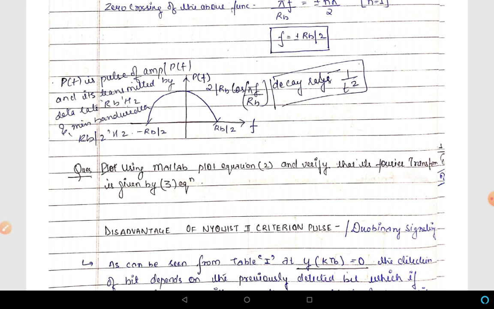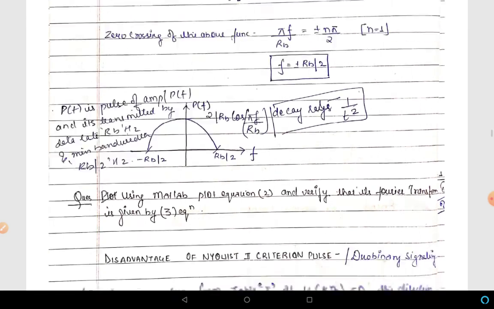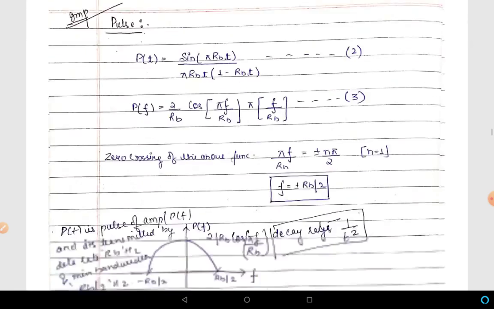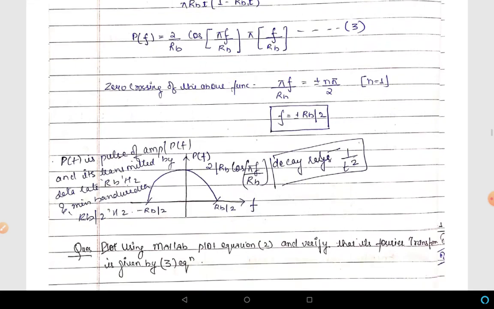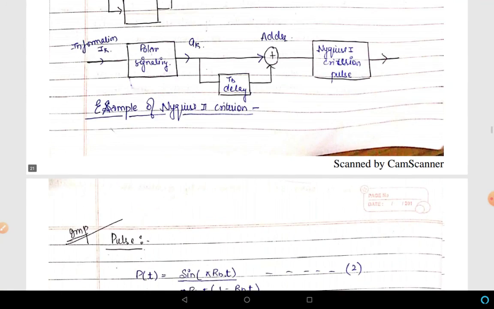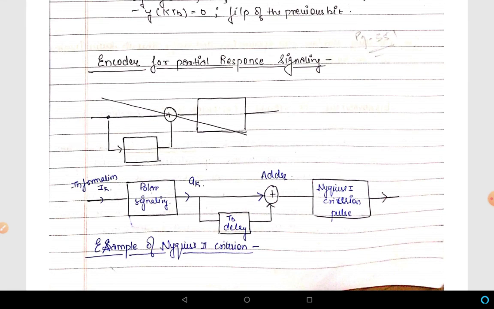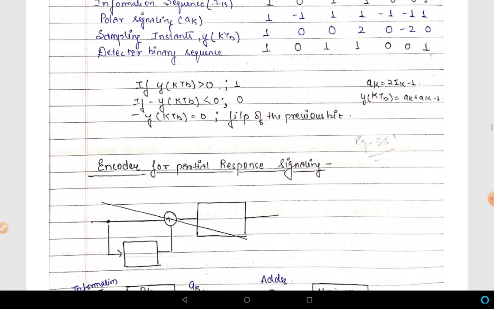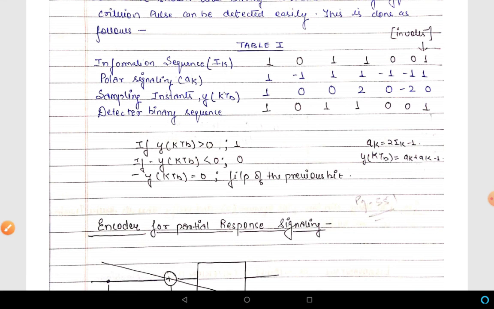And another important point is that there is some disadvantage of the Nyquist second criteria pulse, and the disadvantage is that corresponding to bit 0, suppose this is a bit 0, now my sample value is 0. In this case, my detection of the current bit is based on the nature of the previous bit.